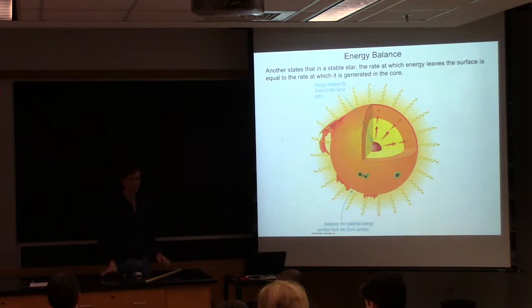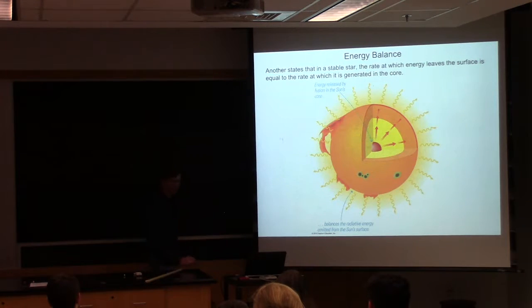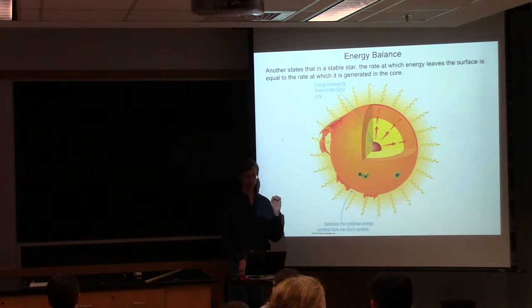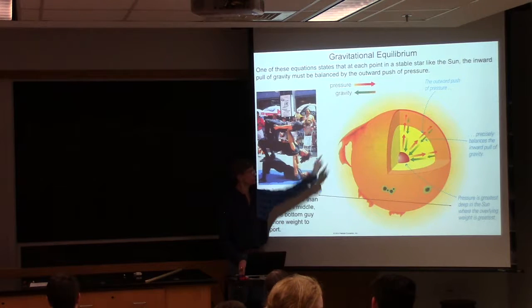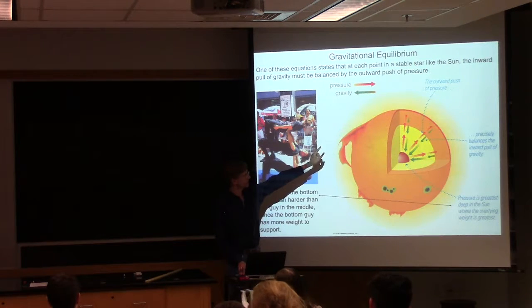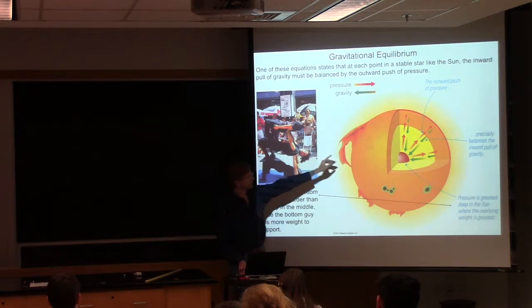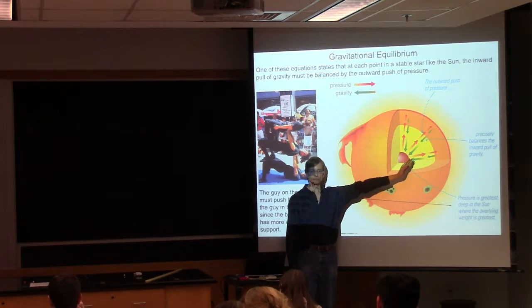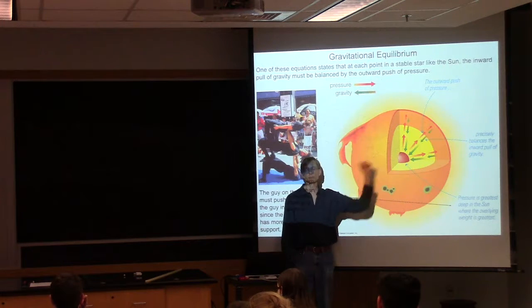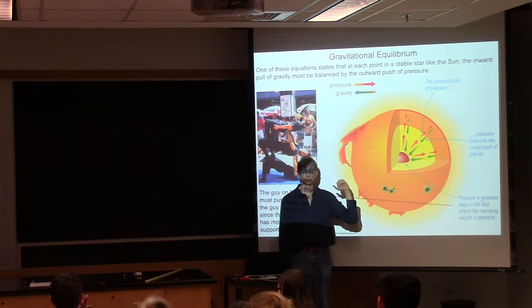Yes? The solar thermostat, is that just a balance between pressure and gravity and radiation and something else? No, that's gravitation. So the balance between pressure and gravity is gravitational equilibrium. Gravitational equilibrium is the idea that at every layer within the sun, the pressure pushing outwards and the gravity pulling inwards are in balance with one another.